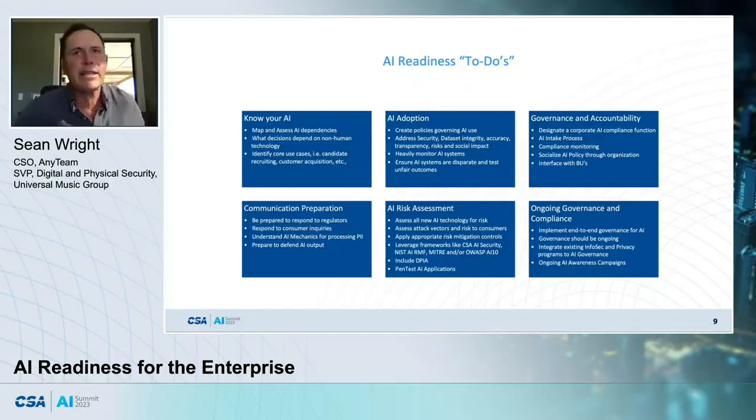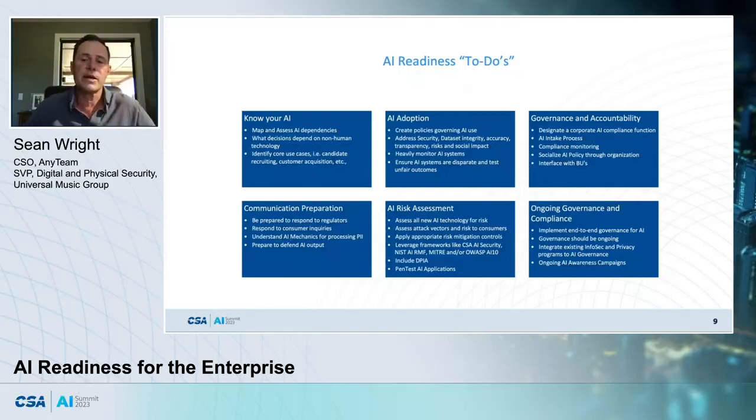And again, if you have that intake process that includes the 5 or 6 different areas that we mentioned, security, privacy, IT, HR, all those different areas are going to look at their respective areas. They're going to want to make sure that there's no risk for those particular areas within the organization, and we want to make sure that we assess all new AI technology for any risk.